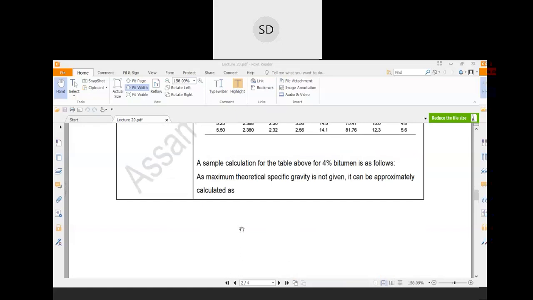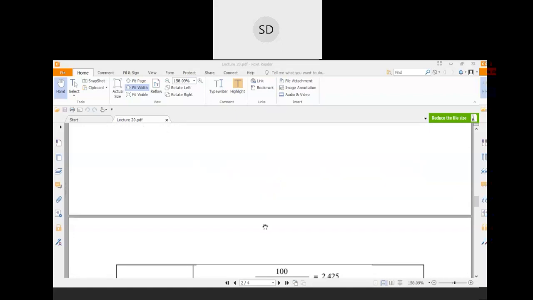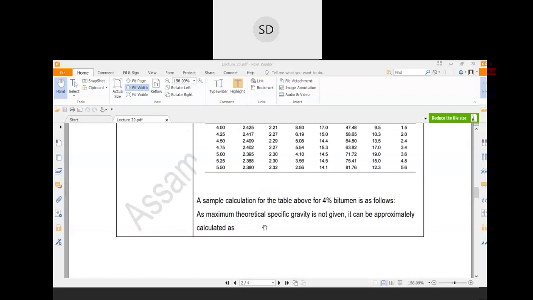In that case, first you have to find the theoretical maximum specific gravity of the mix. Theoretical maximum specific gravity of the mix means the maximum specific gravity when aggregate is mixed with the bitumen. Now you know that the theoretical maximum specific gravity is not given.